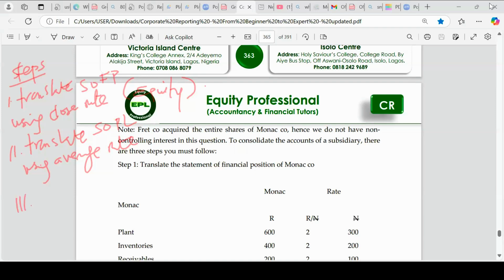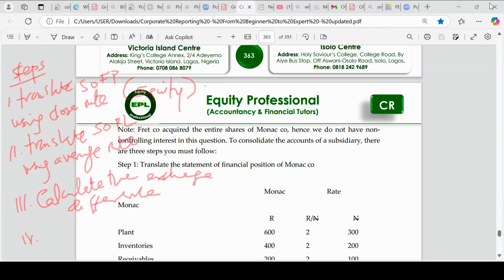Step number three is to calculate the exchange difference.